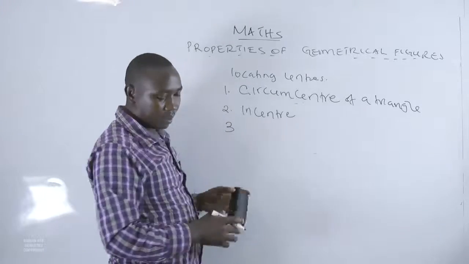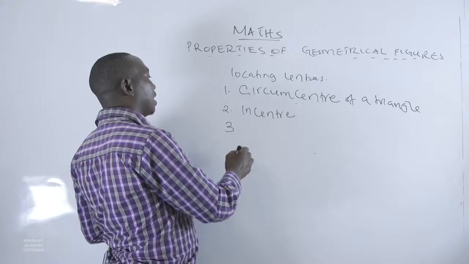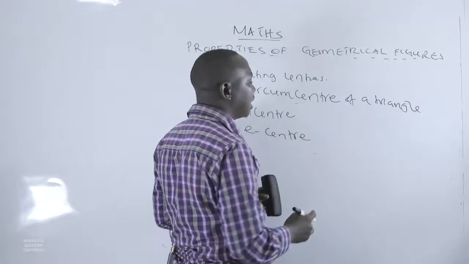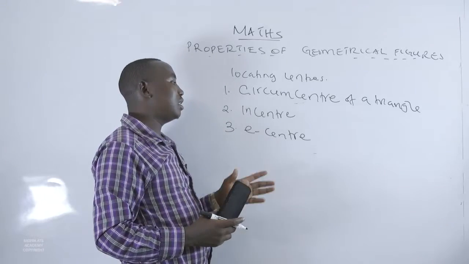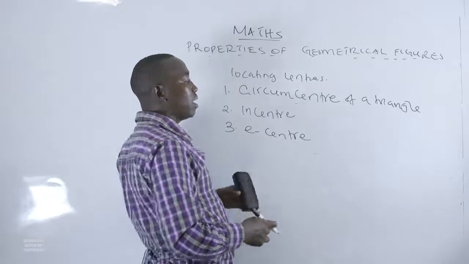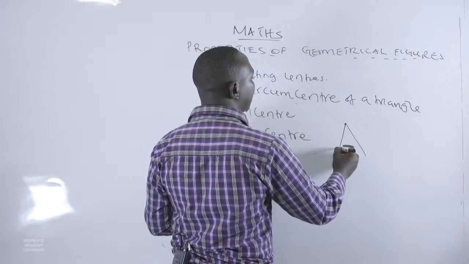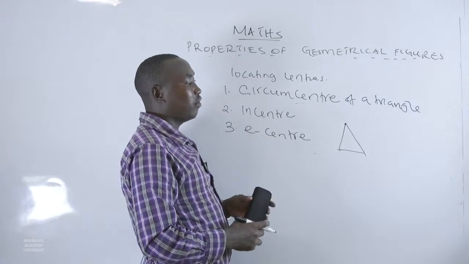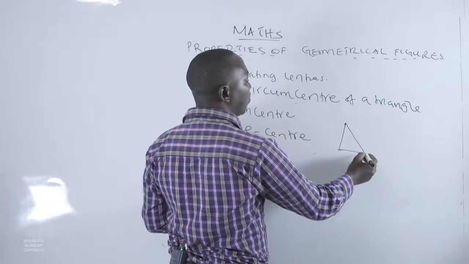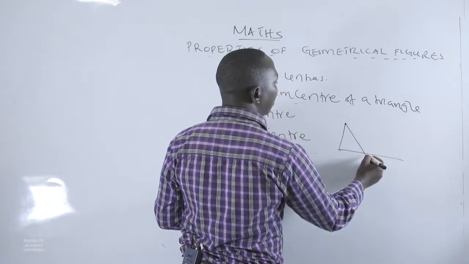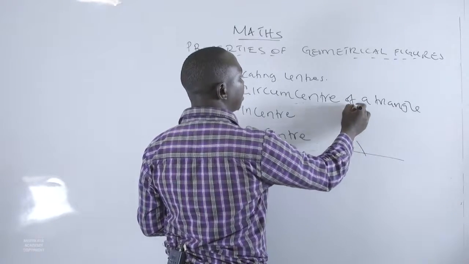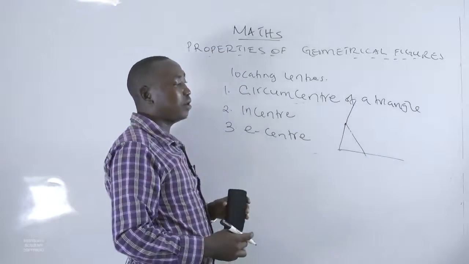Number 3, we have what we call an X-center or an E-center. Now for the E or the X-center, this is a center that is outside the three sides of the triangle. And for you to construct an X-center, we extend the two sides so that you obtain the exterior angles.